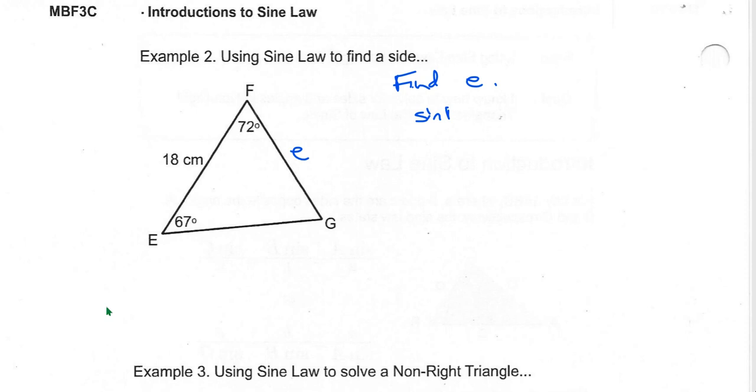I know that the sine of big E divided by little e is going to equal to, so now I have to find another pair. I know big E is 67 degrees. Little e I don't know, so I want that. But then this other pair, this other fraction I'm going to make it equal to, I need to know both of those numbers. Because if I don't have both of those numbers, I won't be able to solve the equation.